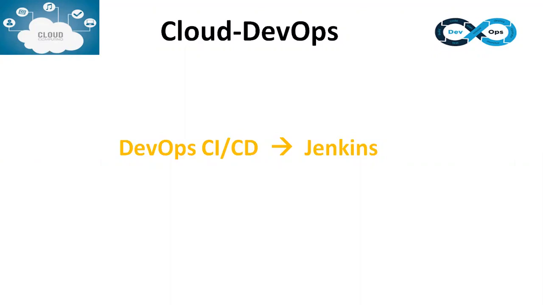Even if you consider all of these things, the continuous integration, continuous delivery, or continuous deployment, any aspect can be implemented using Jenkins. And I gave some introduction about Jenkins yesterday. It is open source, and at the same time, it has a licensed version also.